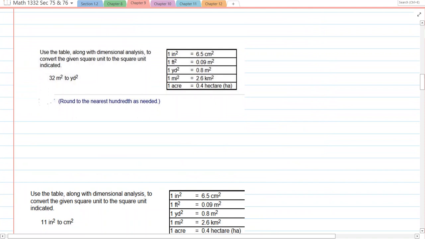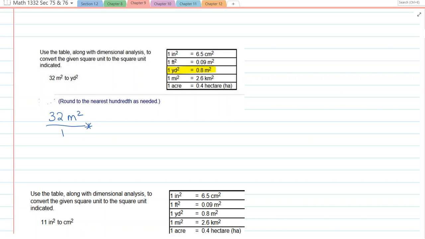In this next one, I'm going to start with the 32 meters squared, metric, and I want yards squared. So I'm looking here and I see yards squared with meters squared. So that's the identity I'm going to use. So I need to get rid of meters squared. So meters squared is in the bottom, and I have decimal 8 to equal 1 yard squared.